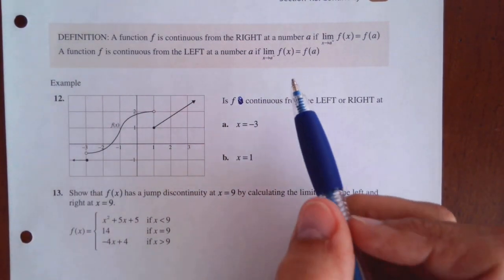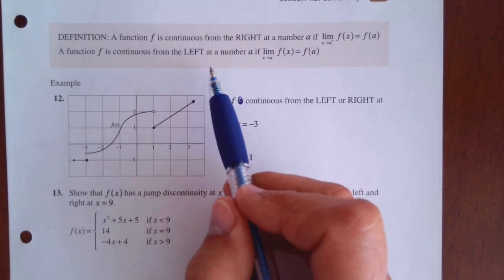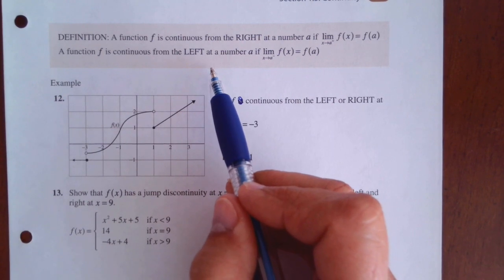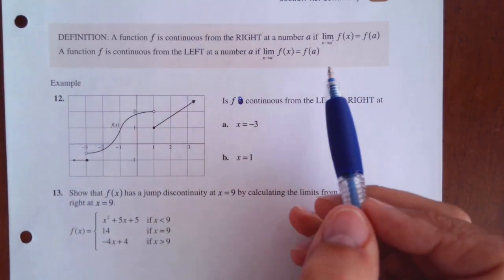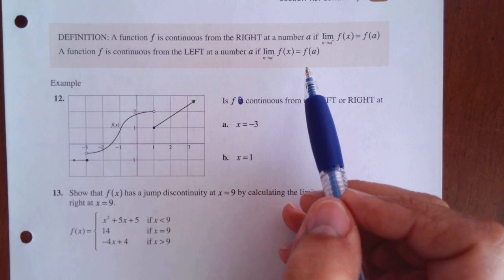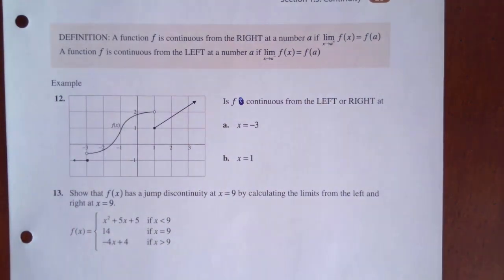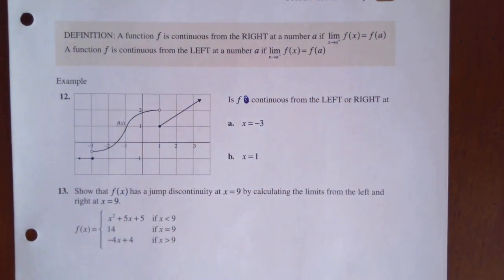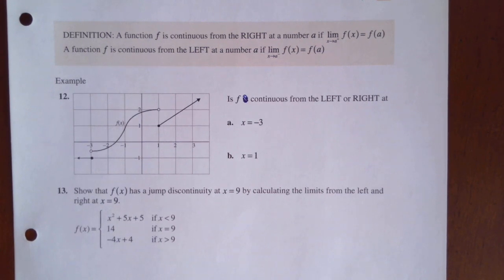So all this is asking you, in a nutshell, is first find the function value f of a. Then to know whether or not it's continuous from the left or the right, you look at the limits from the left and the right. And whichever one equals the function value, that's the side it's continuous on. It could be continuous on both sides, so you have to figure that out.